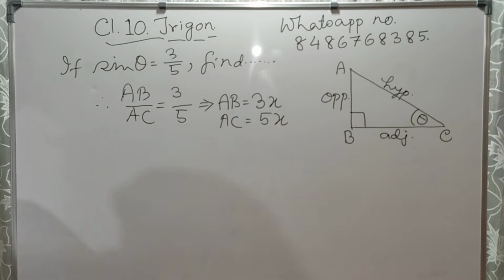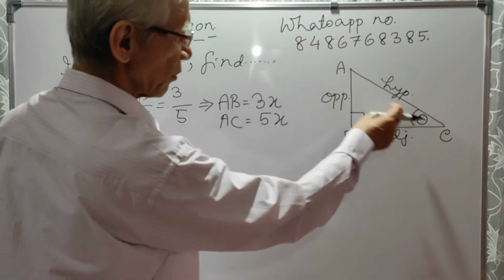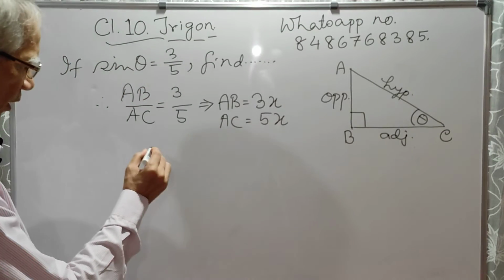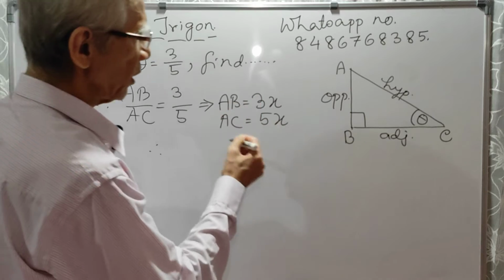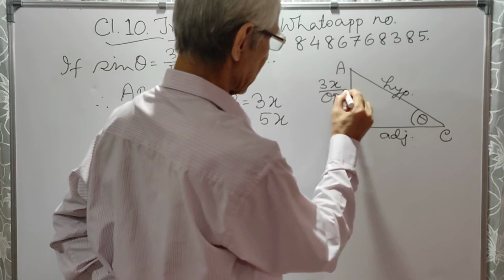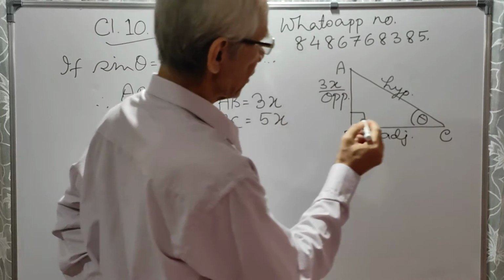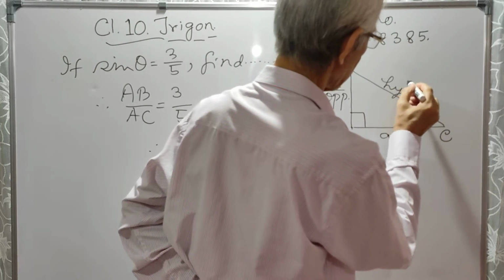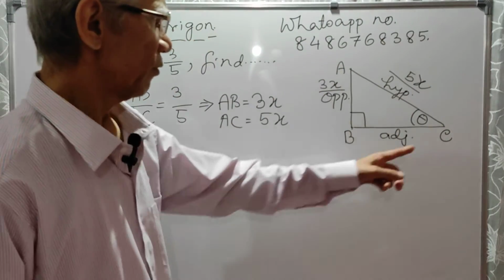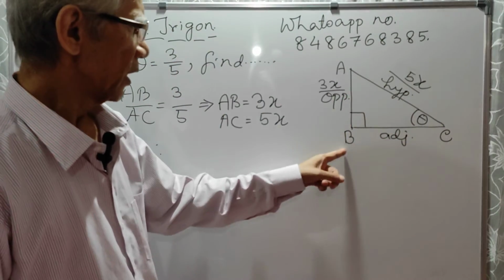Now AB and AC are known, so we can find out BC, the third side. AB is 3x and AC is 5x.